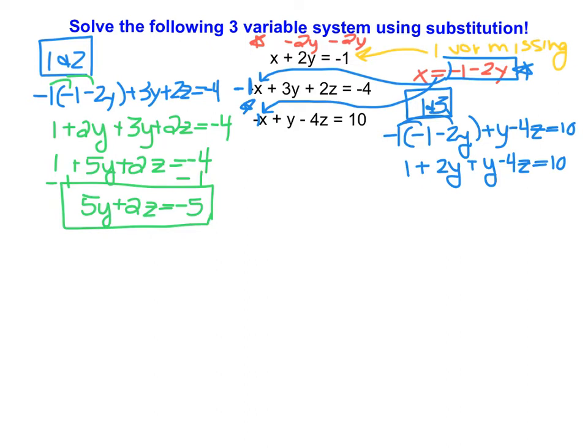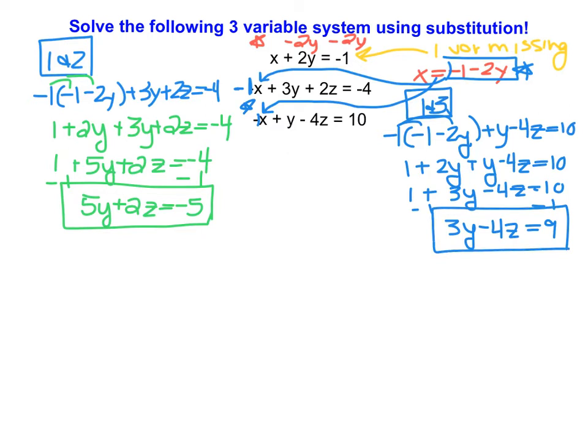And then I add my like terms together. So I have 1 plus 3y minus 4z is equal to 10. Subtract the 1. And I have 3y minus 4z is equal to 9. So here's my second equation. So now we're in the same spot that we were when we utilized elimination.